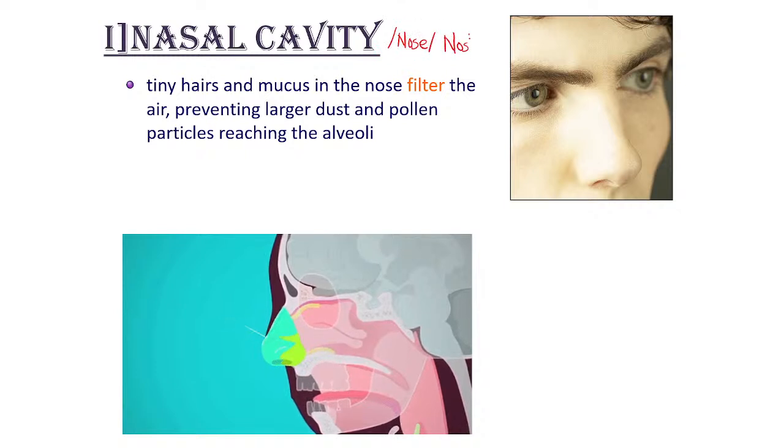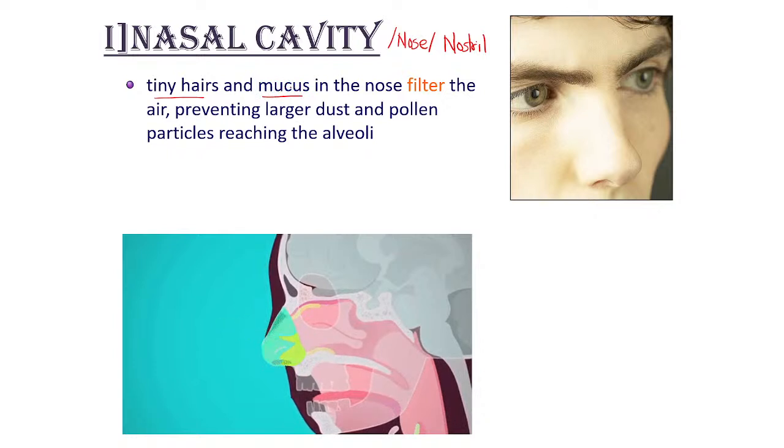What are this nose or nostril? These are nothing but tiny openings through which we inhale air and exhale air. Now if you notice the inner lining of your nose or nostril carefully, you will find tiny hairs, and it is also lined with a sticky substance called mucus.